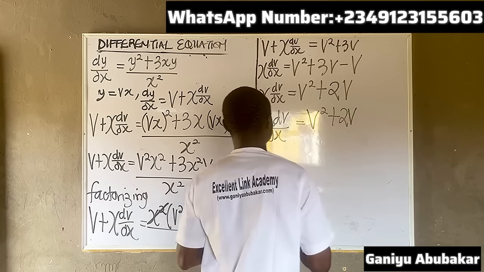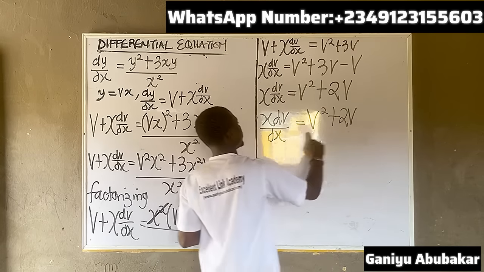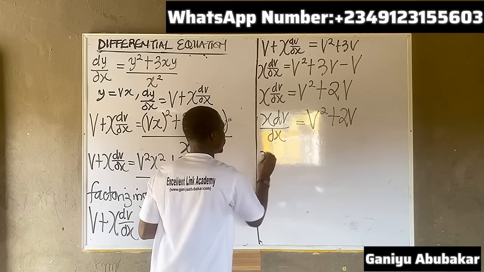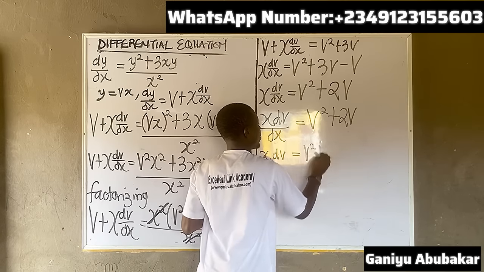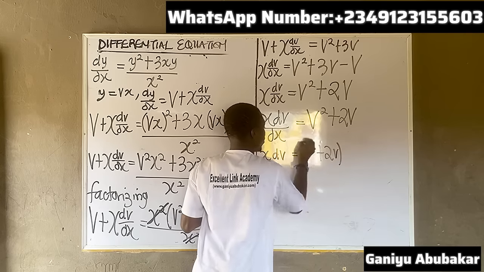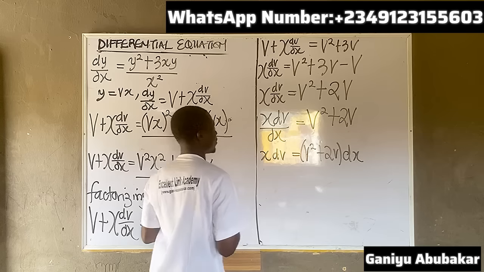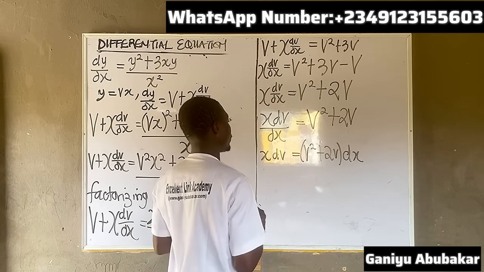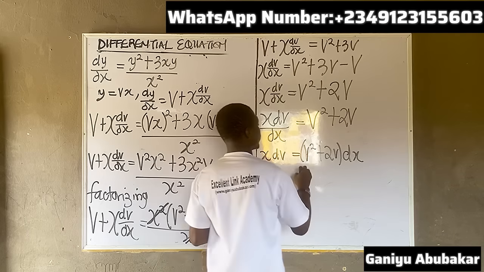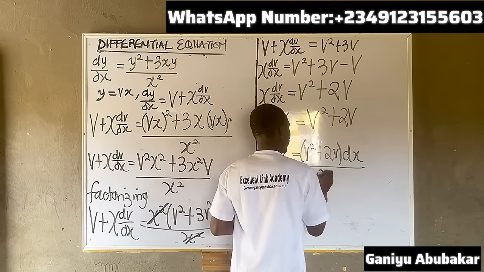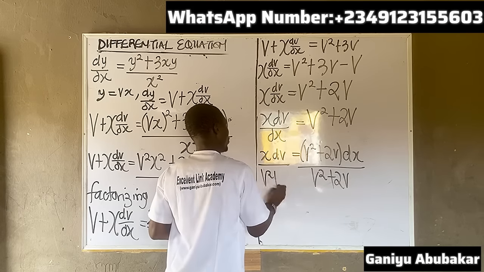Apply the variable separation method. Take this one here first. That gives you x dv equals v squared plus 2v dx.